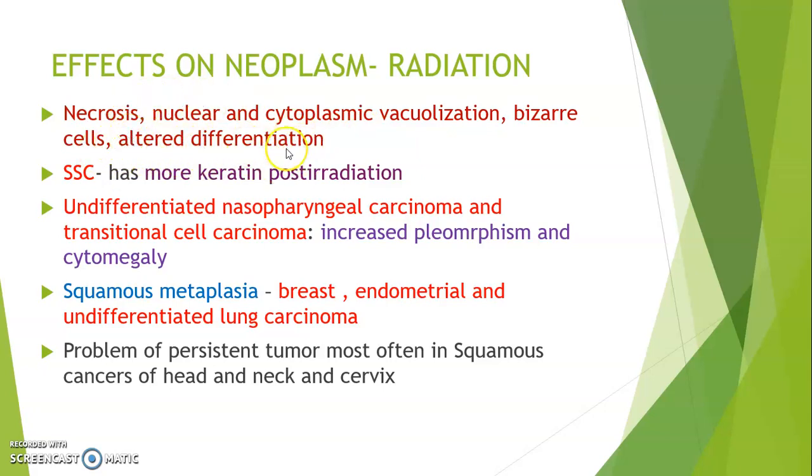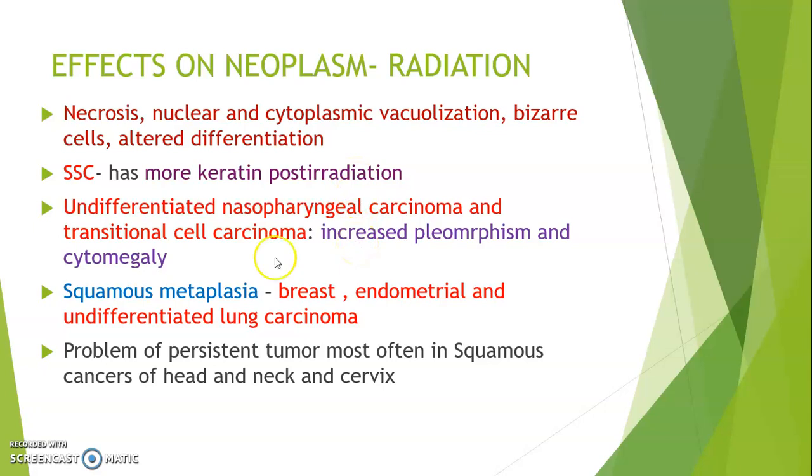The differentiation of the tumor is lost or there is seen alteration in the differentiation. In squamous cell carcinomas, post irradiation, there is seen increased keratin. So squamous cell carcinoma has more keratin post irradiation.